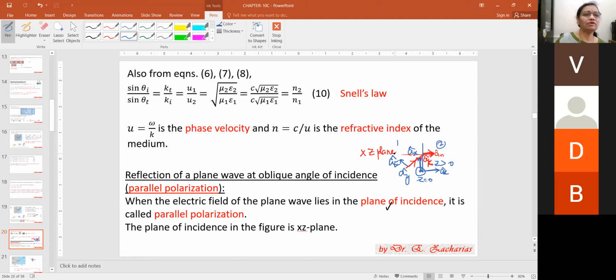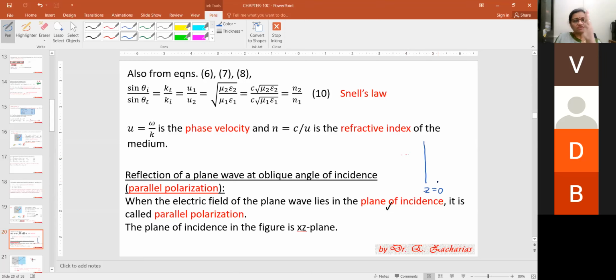I will again draw and explain. You have to understand this. If you understand this, it becomes very easy. I'll just draw this again. So I draw a plane. This is not a line, remember, it is a plane.